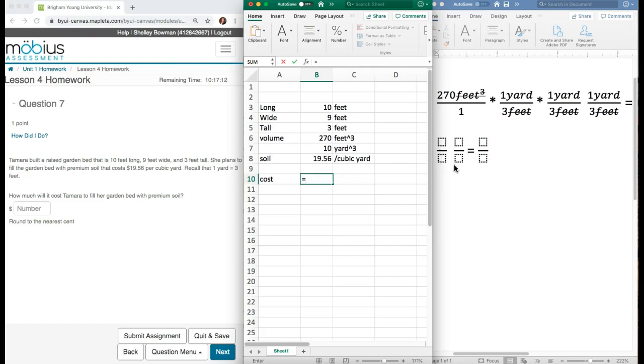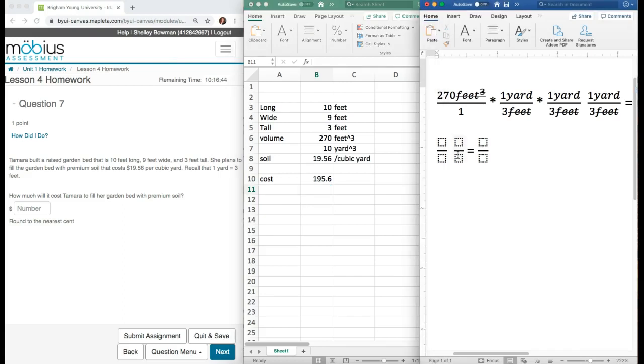And we can show how that also works over here so that you can see that the yards cubed divided by the cubic yard on the bottom here will cancel out, and then I just have the dollars on the top. So to do this, I'm just going to cell reference again just to speed us up. So 10, or this cell, times the cost, and this will give me my total cost for this garden with her premium soil.